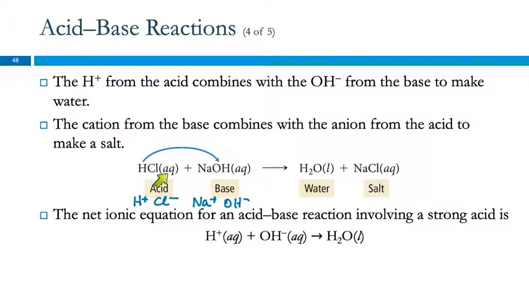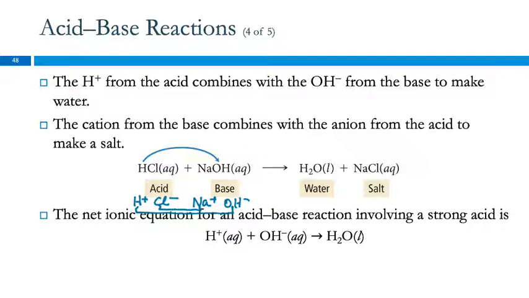So the acid forms hydrogen ions and chloride ions. The base forms sodium ions and hydroxide ions. So if we swap partners, we get the sodium with the chloride and the hydrogen with the hydroxide. Hydrogen and hydroxide together make water, and sodium and chloride, it's going to be soluble, it's going to be NaCl aqueous.